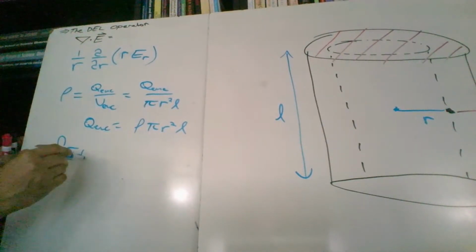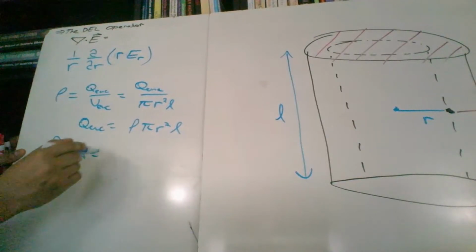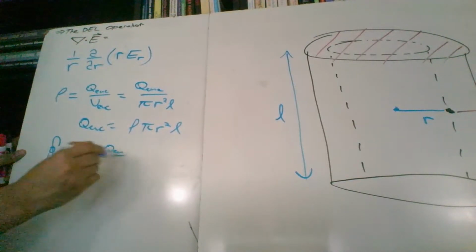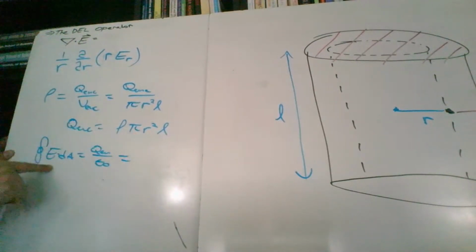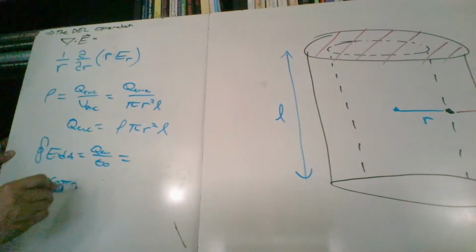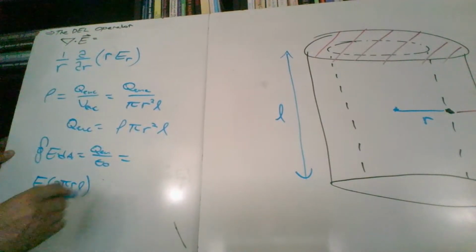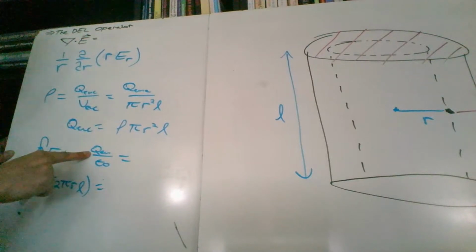E times dA is equal to Q enclosed over epsilon naught, and this is a cylinder, so on this side it's going to be 2 pi r L, and on this side it's going to be Q enclosed over epsilon naught.